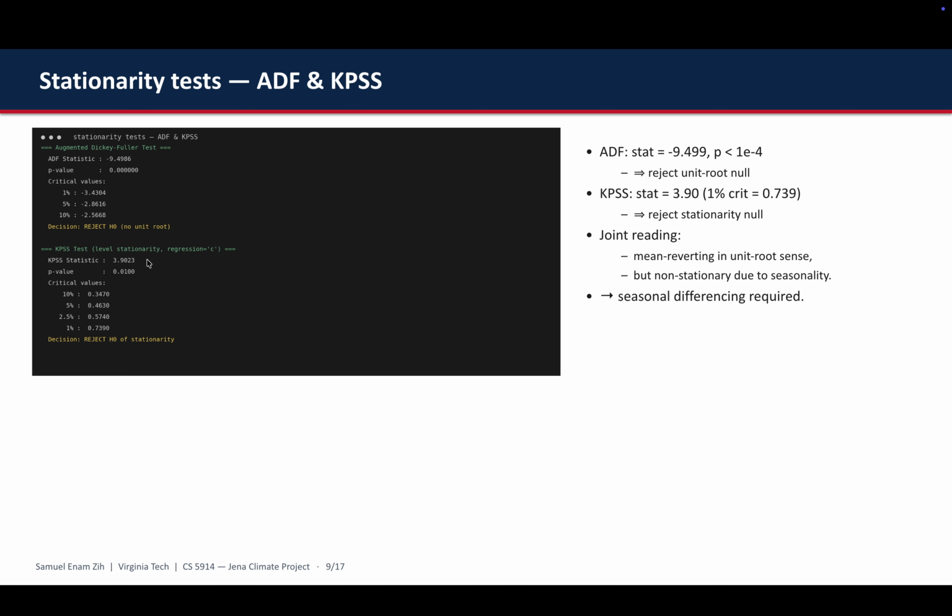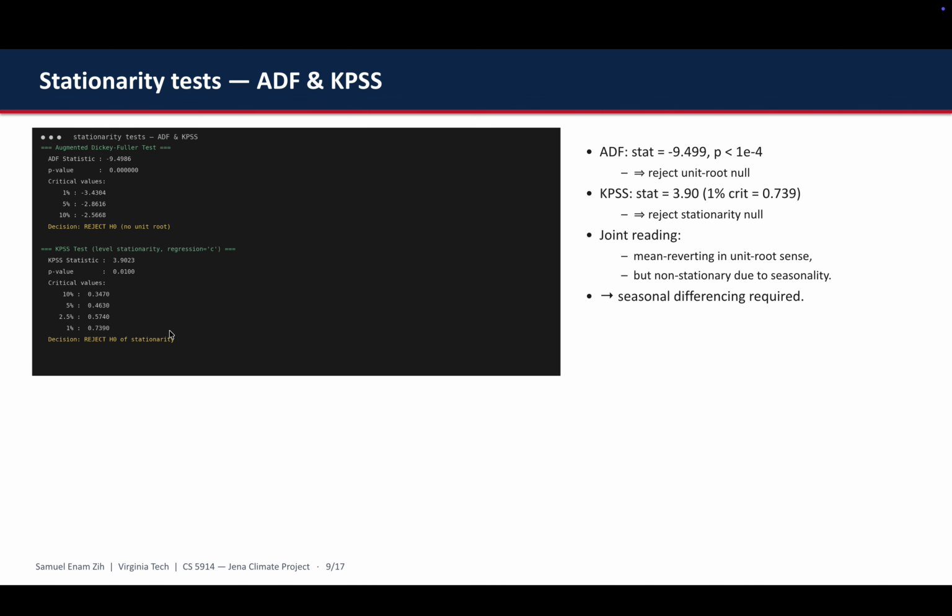So ADF rejects the unit root null. The KPSS statistic is 3.9, far above the 1% critical value of 0.74. So KPSS rejects the stationarity null.